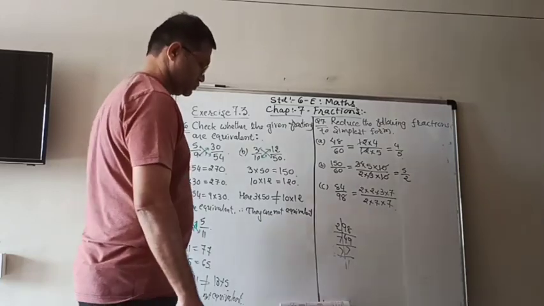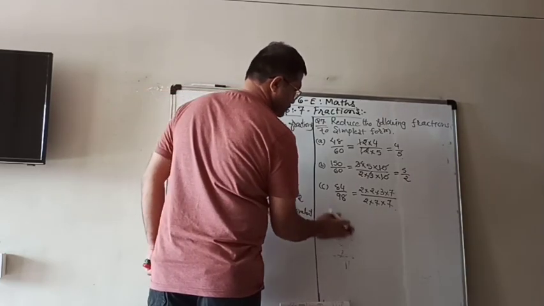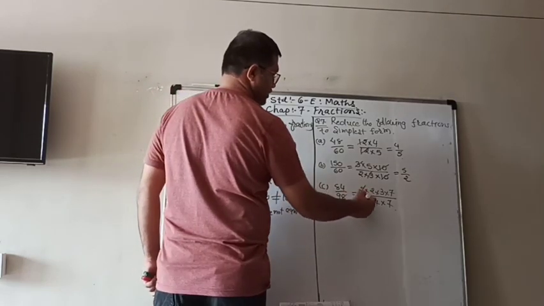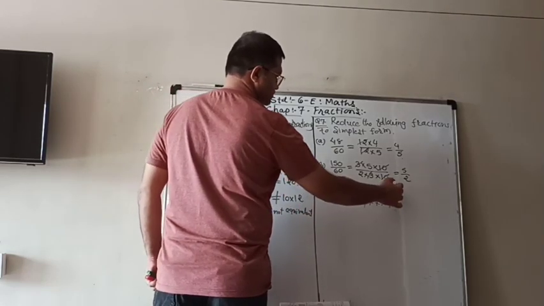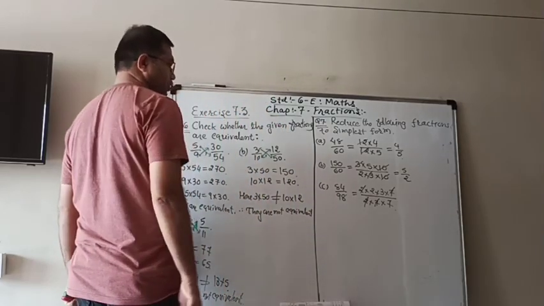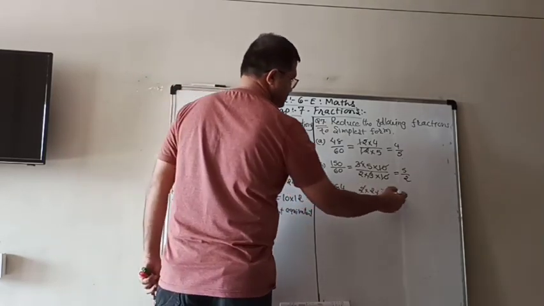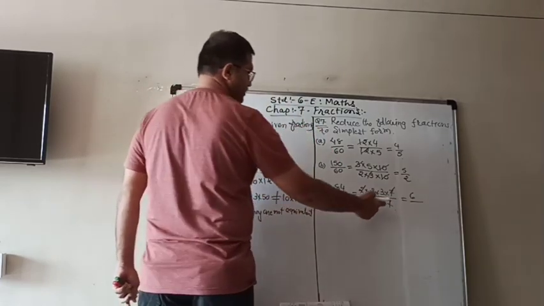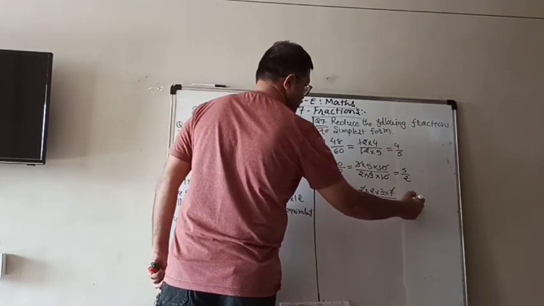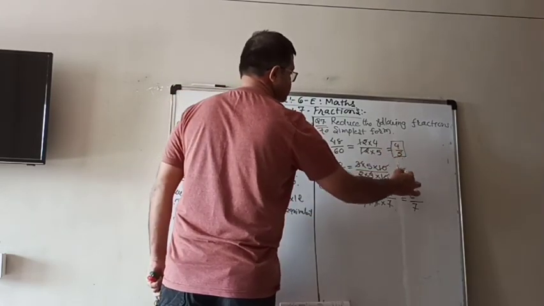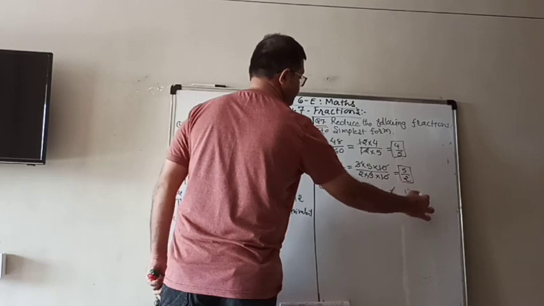Now cancellation. 2 and 2 will be cancelled. 7 and 7 will be cancelled. No other common factors. So 2 threes are 6 in the numerator, and here only the 7. So 6 upon 7, that is the simplest form.